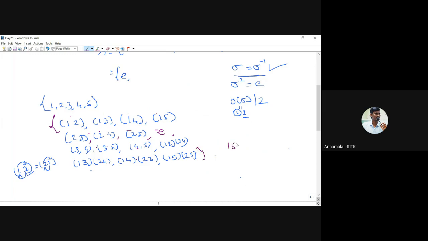Is anything repeated? Up to this is not a problem. If you take a single transposition, everything is different. Up to this collection is not a problem. Now look at the remaining ones. Again, these are all different, right? Because here 1 maps to 2, but this is not 1 maps to 2. So I think all are different.